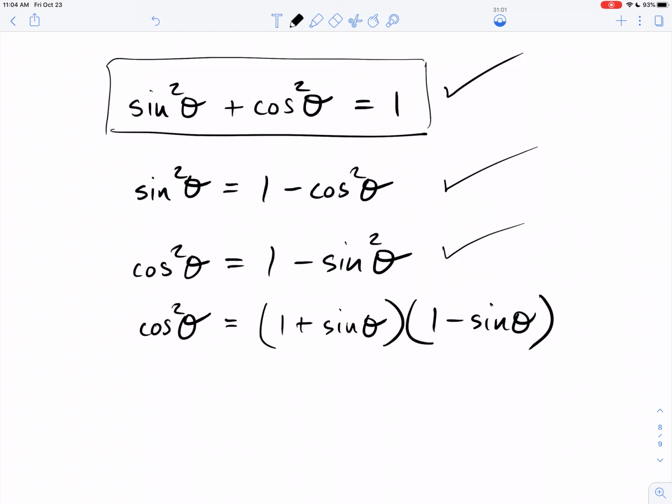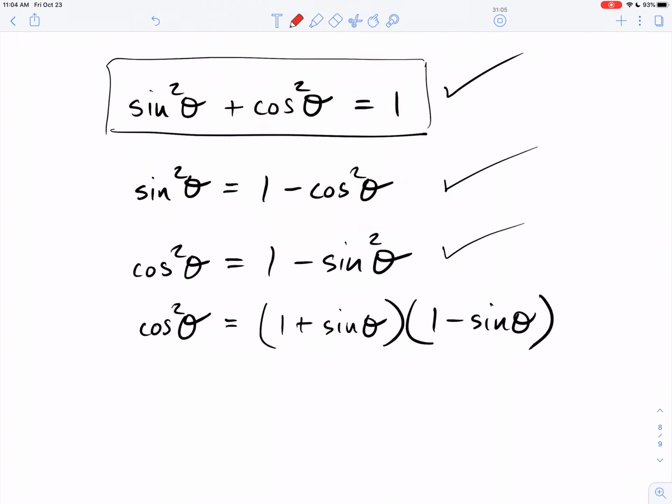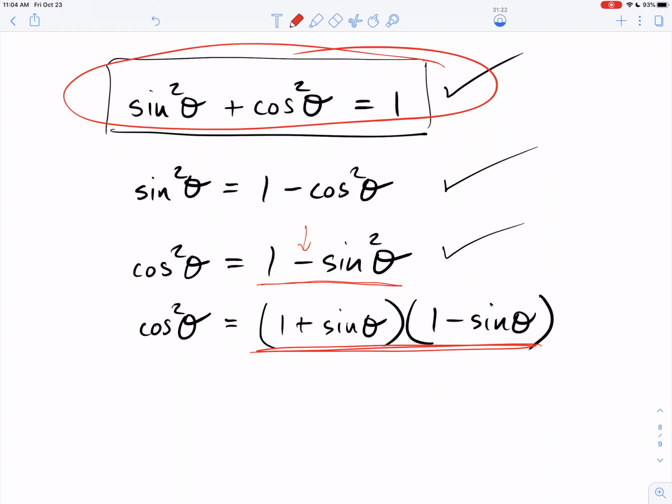See this right here? I'm going to get my red pen. That's the difference of squares. That's the difference of squares. What times itself is 1? 1. What times itself is sine squared? Sine. Oh yeah, this one little chunk leads to all kinds of stuff.